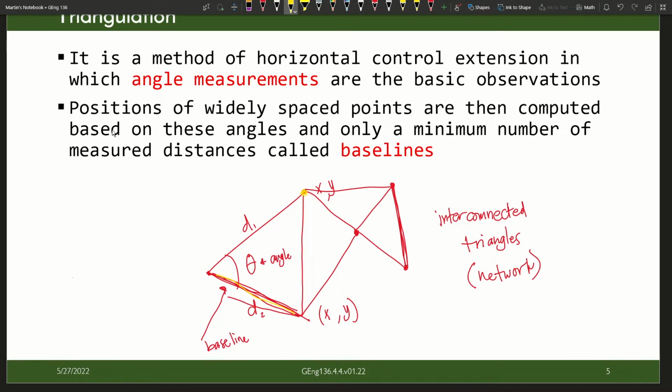This is where we start, and this is where we end. Usually this is used for checking. If we have this baseline, most likely these two control points are already known, and you can determine this one by certain computations. We have this triangulation adjustment, and basically we must consider the strength of figure, right? That's the common practice.